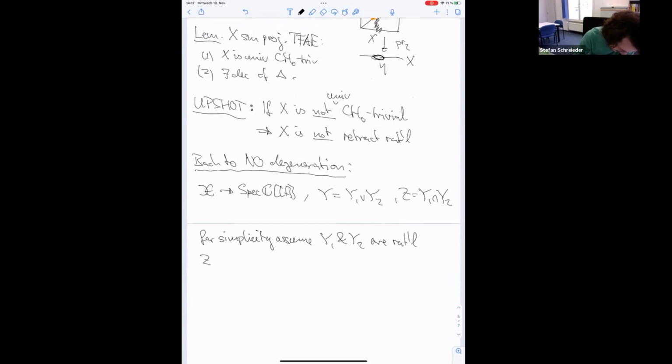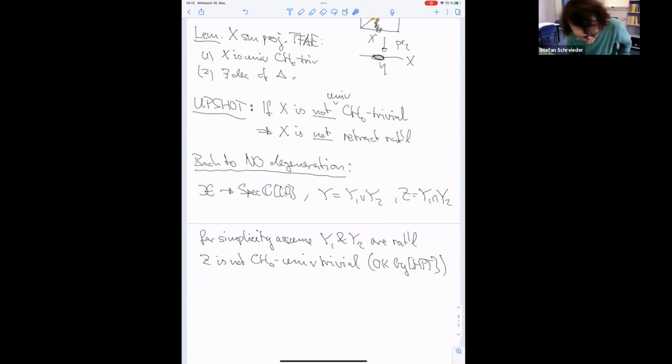and Z is not CH_0 universally trivial. So yeah, this is okay by Hassett-Pirutka-Tschinkel. And I briefly mentioned before that it's more or less also okay.